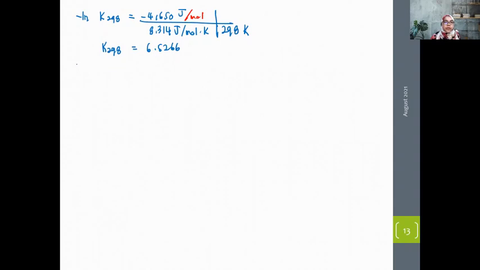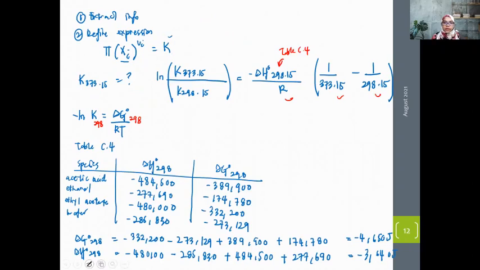And then the next is to determine the equilibrium constant at 373. By using this equation, we have ln of K at 373.15 over 6.5266 equal to minus, okay, what is the value of delta H?